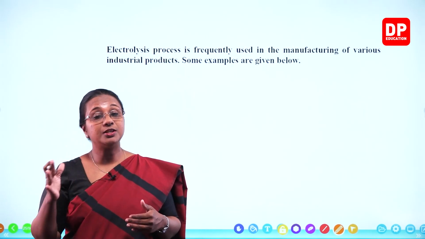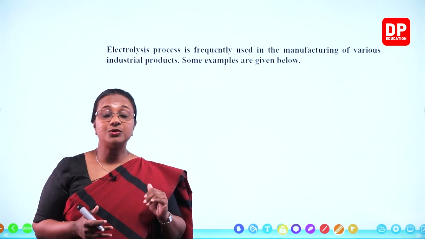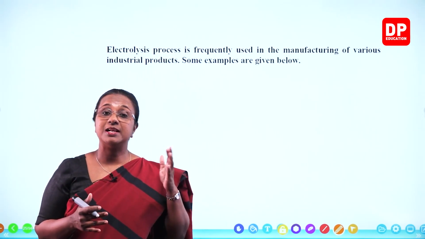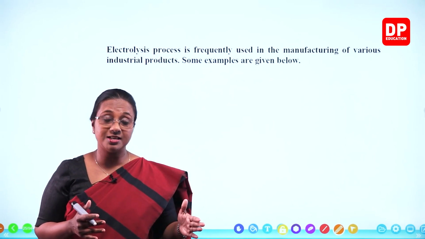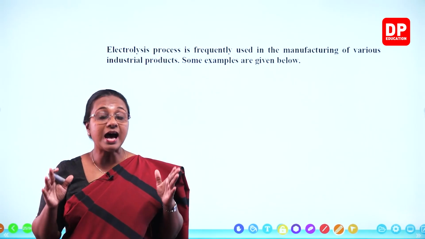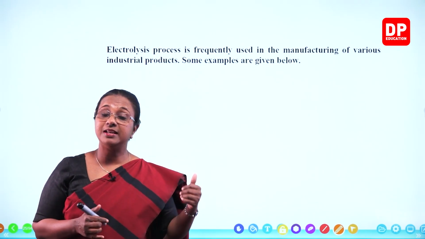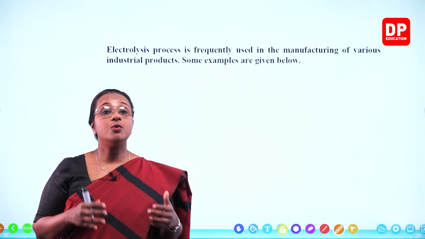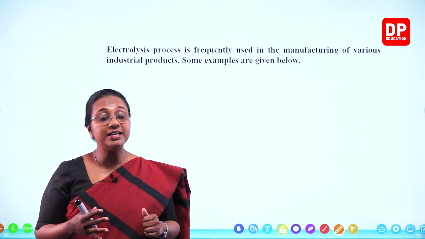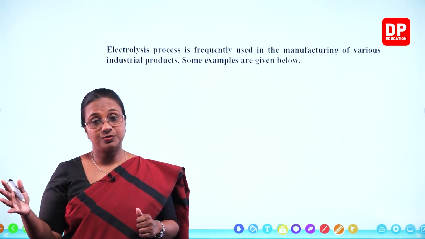What is connected to the positive terminal becomes positively charged, and the electrode connected to the negative terminal becomes negatively charged. From the electrolyte solution, the positive ions or cations migrate towards the negative electrode, whereas the anions or negative ions migrate towards the positive electrode.